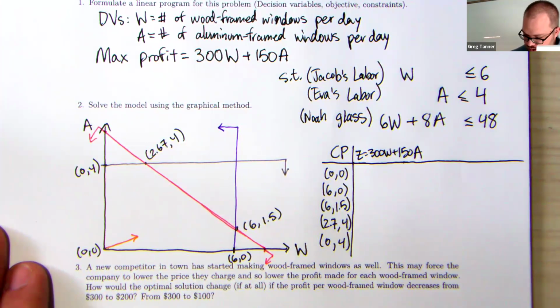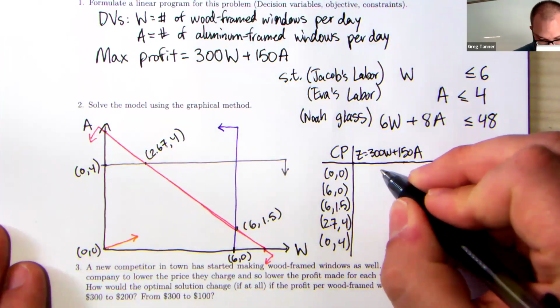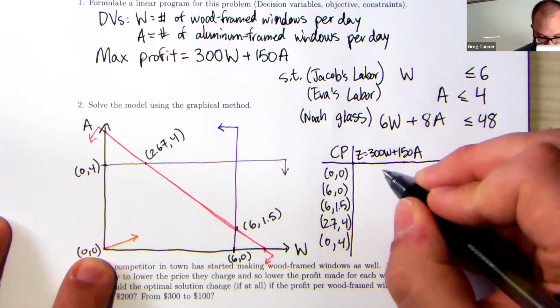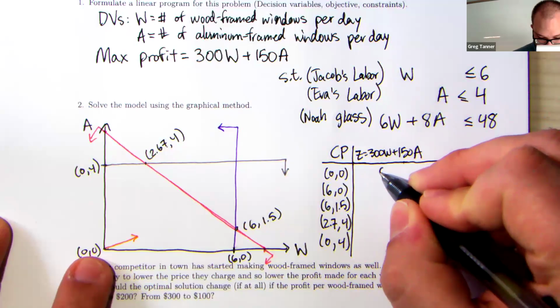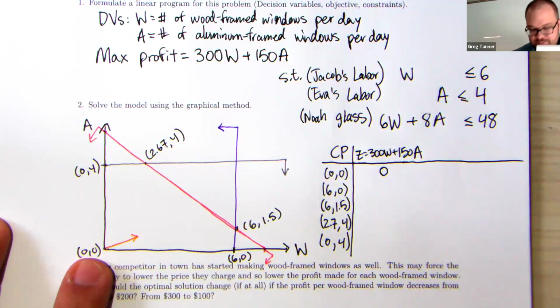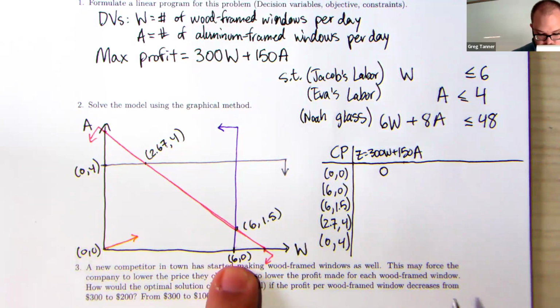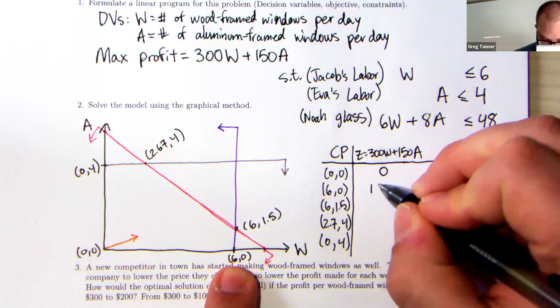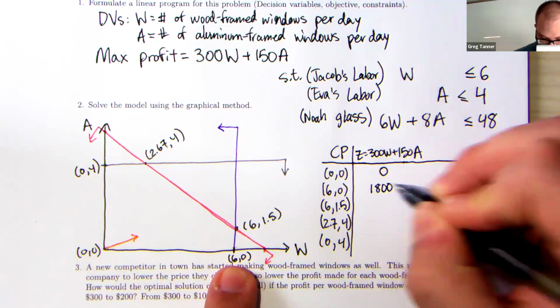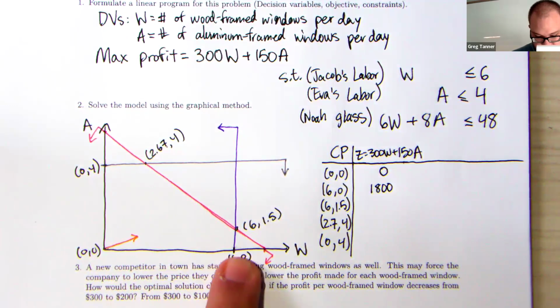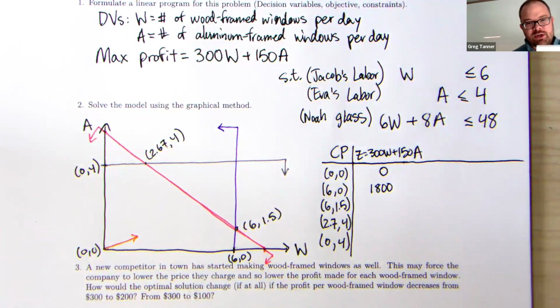So for this original objective function, the origin, if I make no wood framed or aluminum framed windows, I make no profit. If I make 6 wood framed windows and 0 aluminum framed windows, my profit is 1,800. If I make 6 wood framed windows and 1.5 aluminum framed windows, how can we make 1.5?